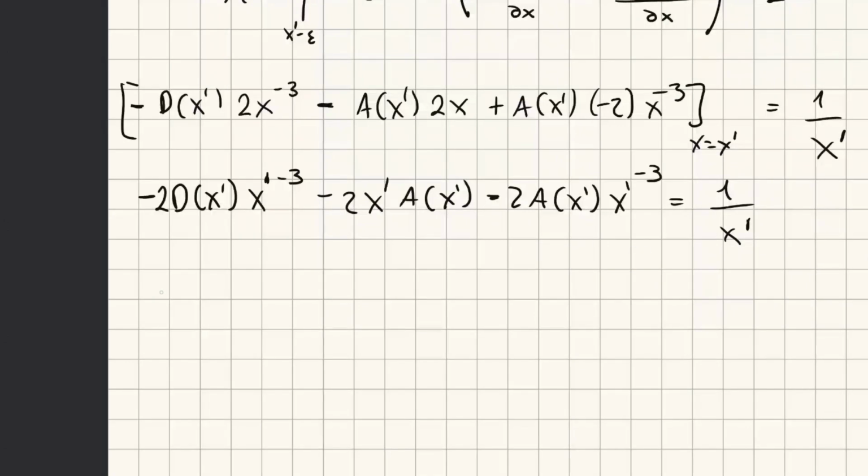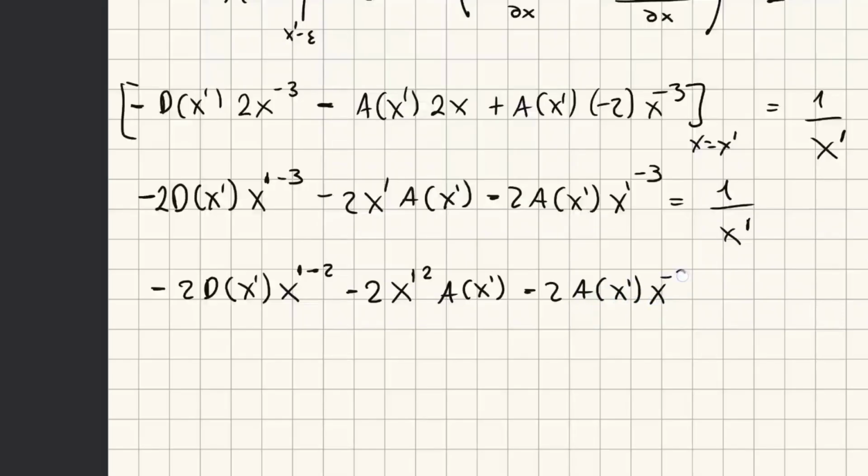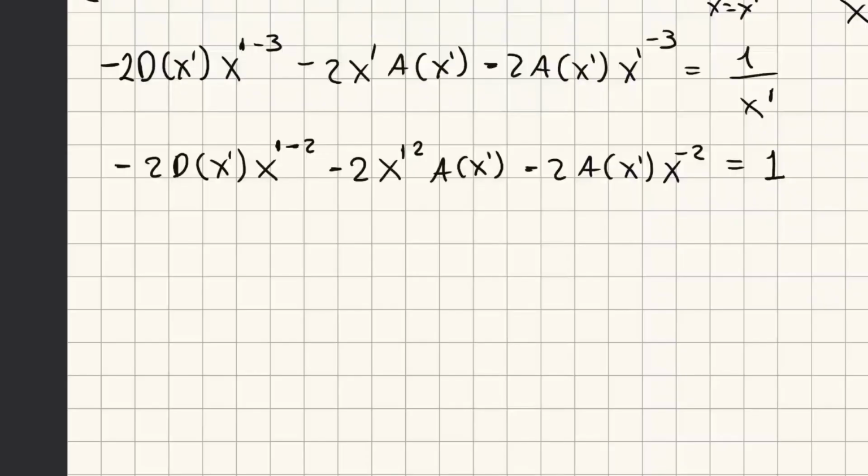So this equation is equivalent to minus 2d of x prime to the minus 2 x prime squared a of x prime minus 2 a of x prime x to the negative 2, and this is equal to 1. Okay, so if we join together the elements that are common for a of x prime, we are going to get the next equation.